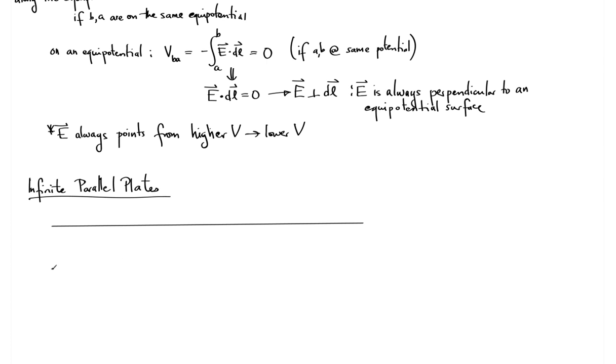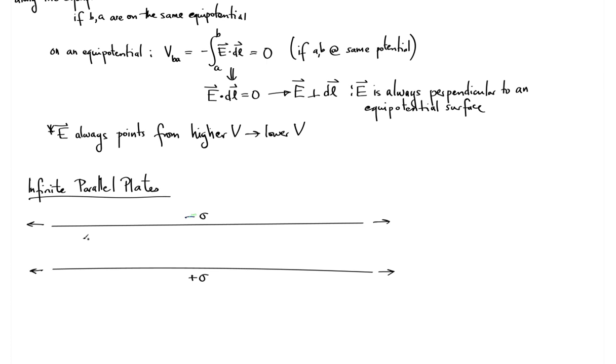So imagine we have a top plate and a bottom plate, and these are infinite. So I'll draw some arrows out like this. Let's imagine the bottom plate has some positive charge density plus sigma. The top plate has some negative charge density minus sigma, right?